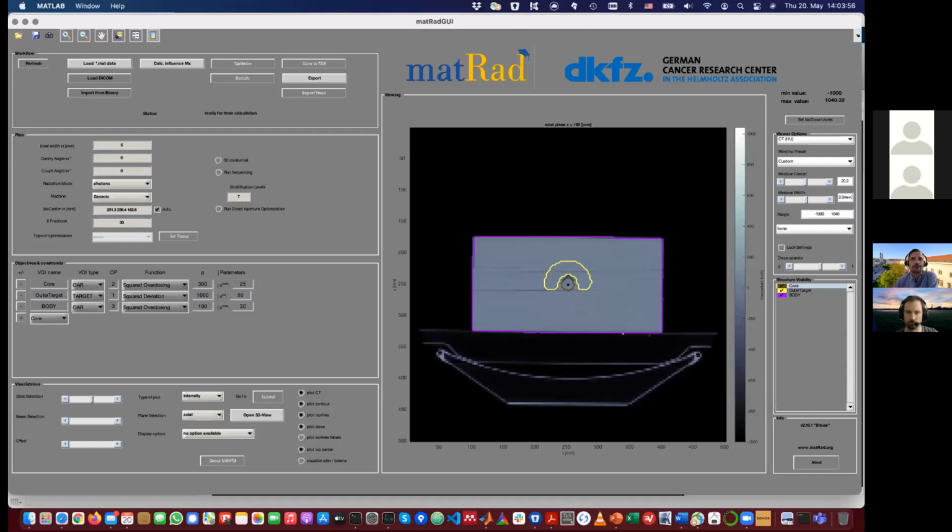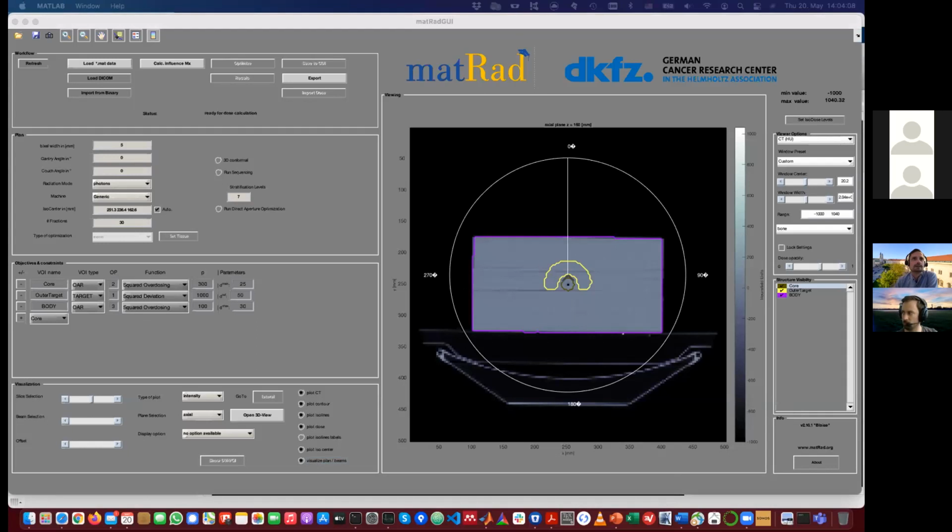This target is basically shaped around our critical organ at risk. And for now, I would also ask you to enable the plan visualization button so that you can see the beam angles that you currently selected. And so in the first exercise, we will actually start with protons, just to also have a reference plan that we can compare with.